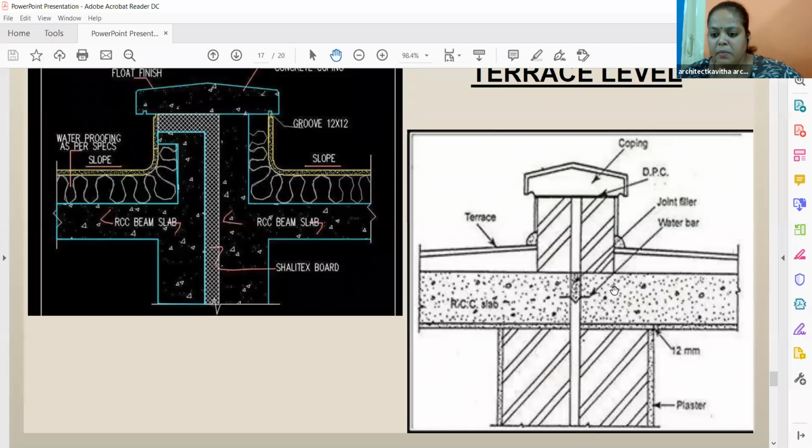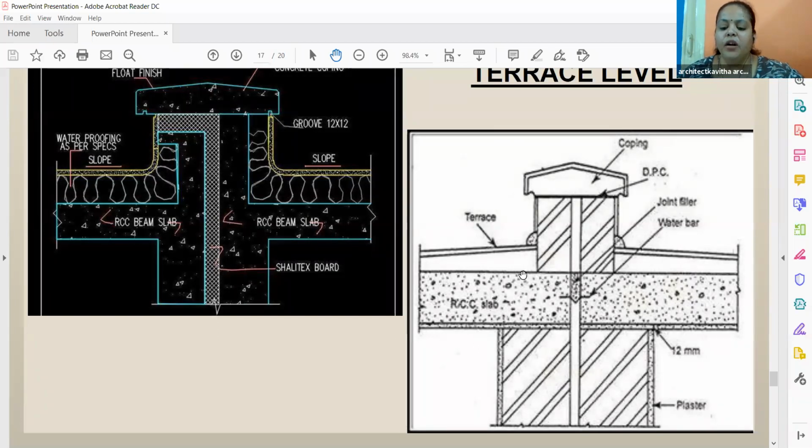You can give water bar, you can give joint filler, and then you can construct two different walls and put the concrete coping on top of it. Your terracing will still happen. This is like a water gutti so that the water will flow easily and will not go inside the wall. And then you can provide DPC over here.